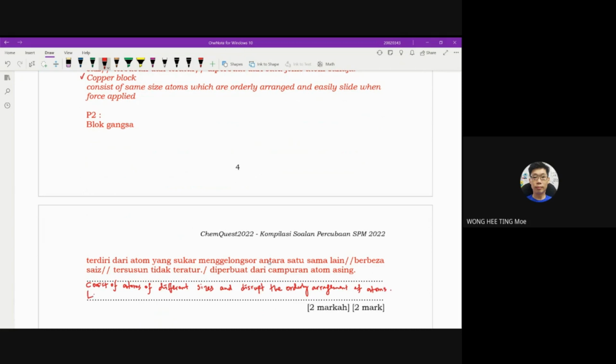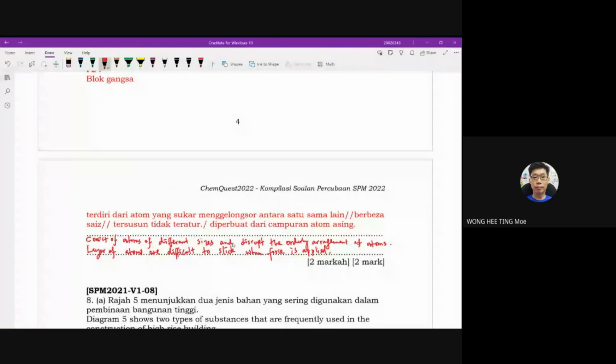Then the layers of atoms are difficult to slide when force is applied. Any question?